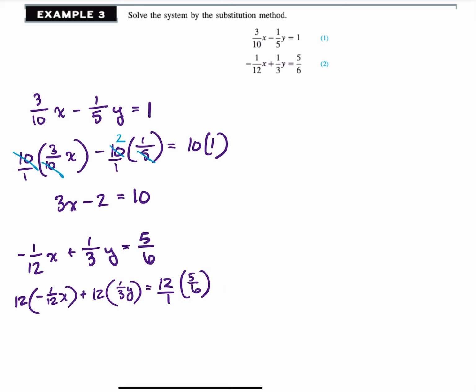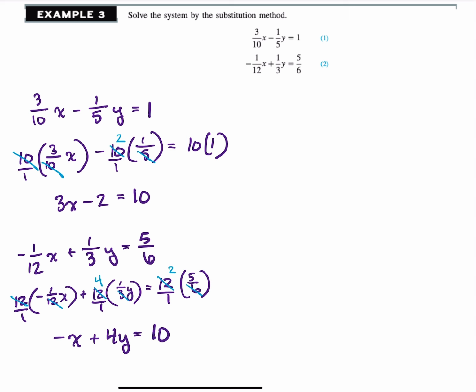And again, this is like a 12 over 1. So the 12s will cancel. We'll be left with negative x on the first term. 3 goes into 12 4 times, and then 6 goes into 12 2 times. So this should reduce to negative x plus 4y equals 10. We got 2 times 5 there.